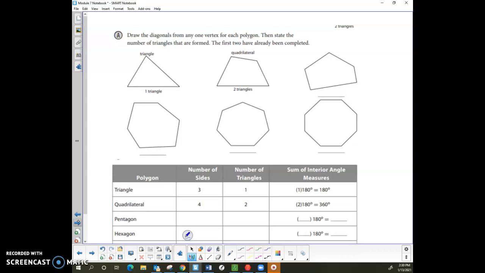A quadrilateral has 4 sides. If I draw a diagonal in there, notice now I have 2 triangles. The next one is a pentagon with 5 sides. Draw some diagonals. I've got 3 triangles.